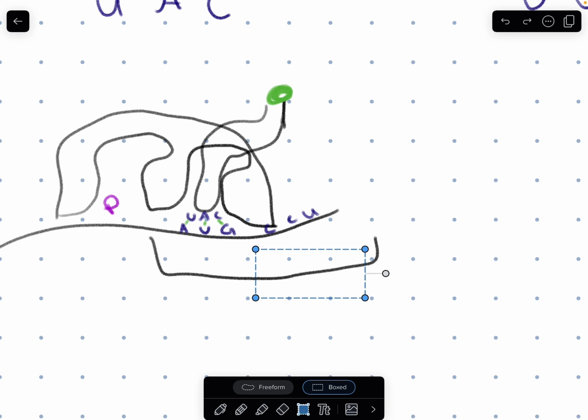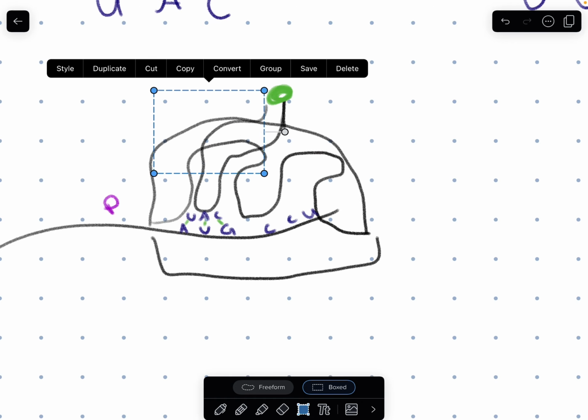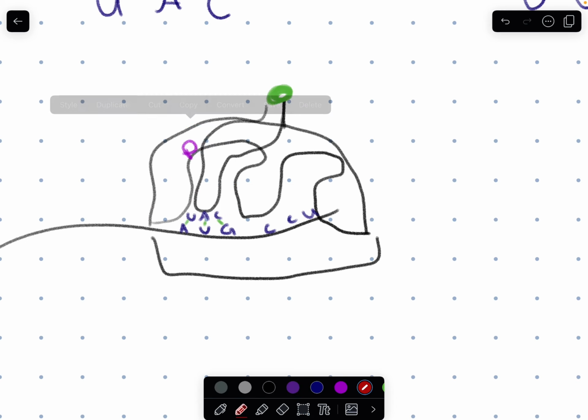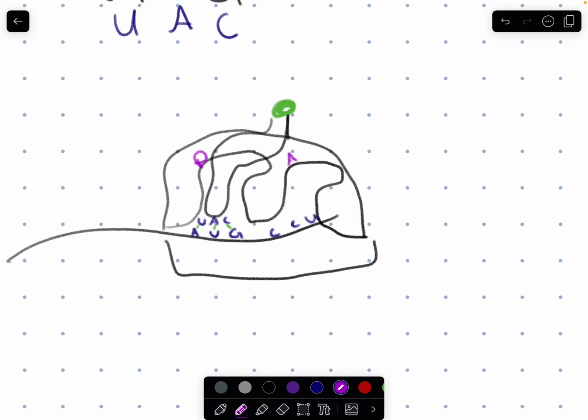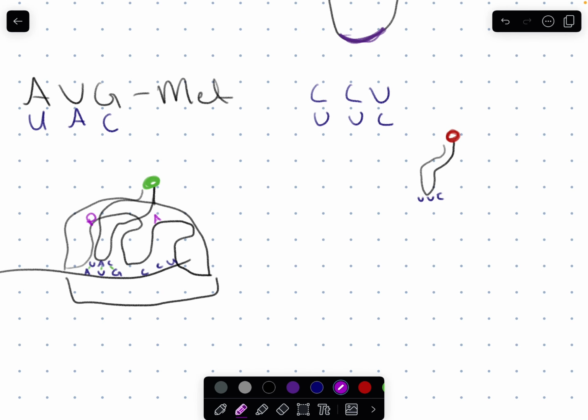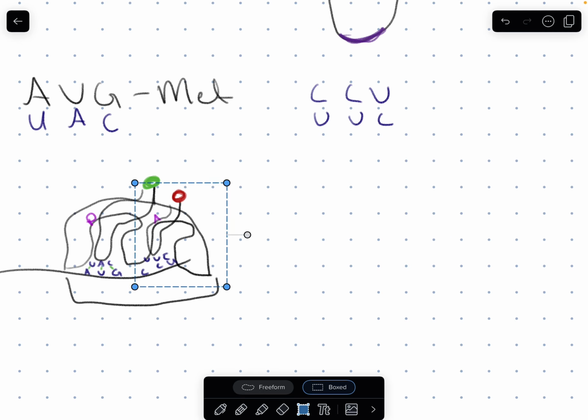So this goes over here, and this guy goes over here, and this is our P site here, this is our A site here, and now our first tRNA has moved from the A site to the P site, which gives space now for our second tRNA to come in and match in this A site.